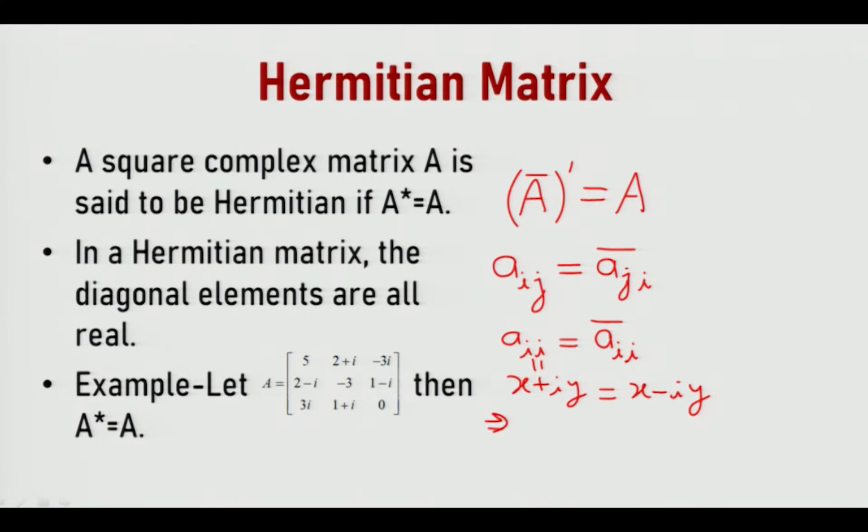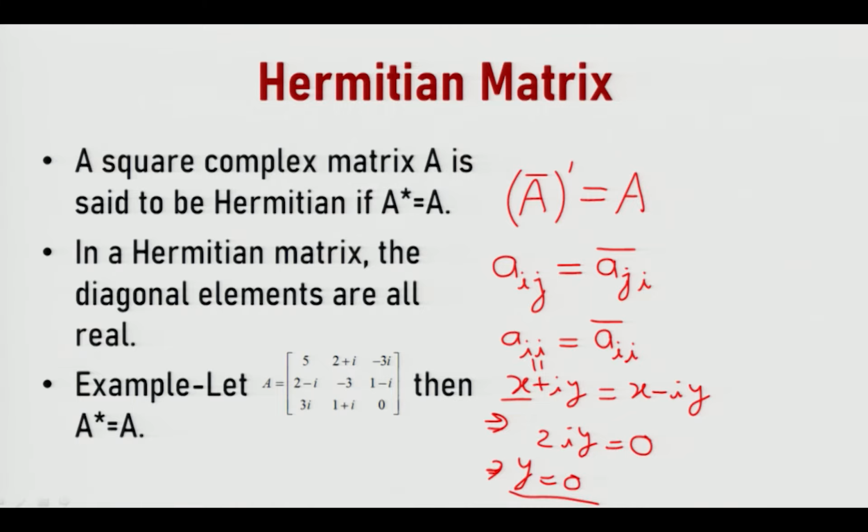This implies 2 iota y is equal to 0, and you know 2 iota is not equal to 0, so y is equal to 0. So in this case all the diagonal elements have only a real part. That is the important point: in a Hermitian matrix the diagonal elements are all real numbers.